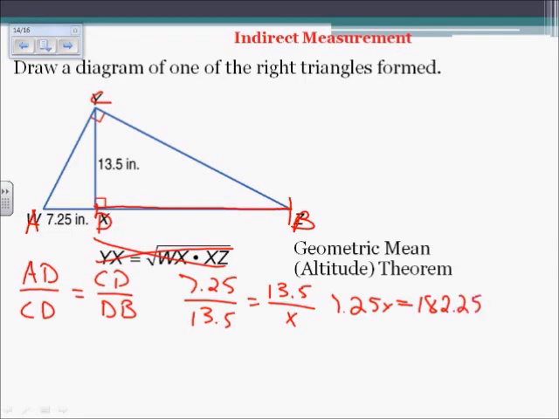Divide both sides by 7.25, and we're left with a value of x that is approximately 25.1379. So that is the length of the second larger rod that we should have for the kite.